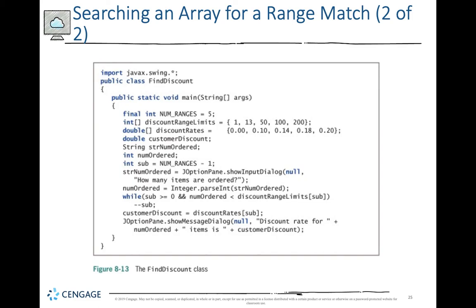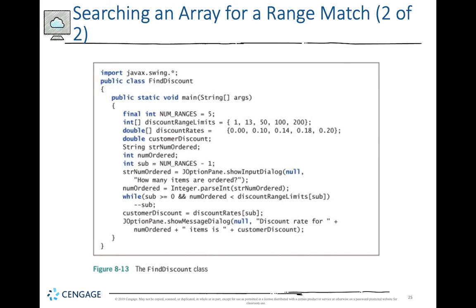Then we create a second array of type double. We call it discount rates. And of course it holds a comma delimited list of rates. 0.00, 0.10, 0.14, and so on, right? There's a new variable created, customer discount, and then a string variable called string number ordered, and then int number ordered.